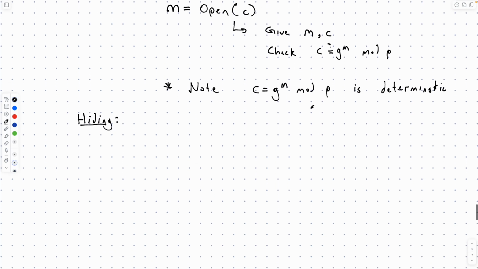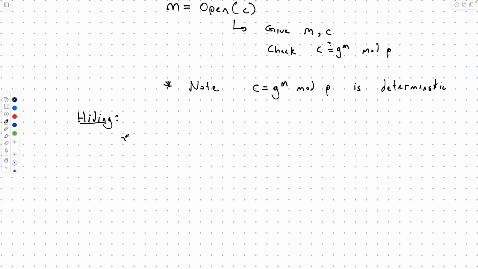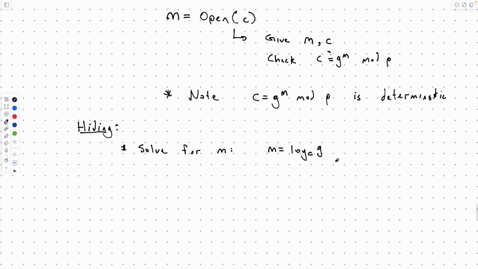So hiding. The first idea I have is I'm just going to solve for M. In this case, I will be able to write down the equation. It's log base G of C, but I won't be able to solve it.